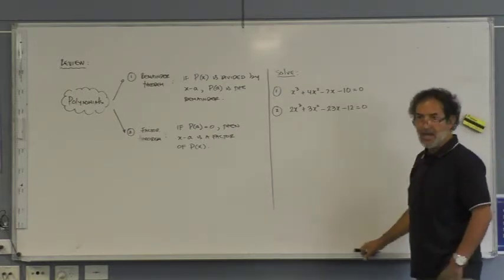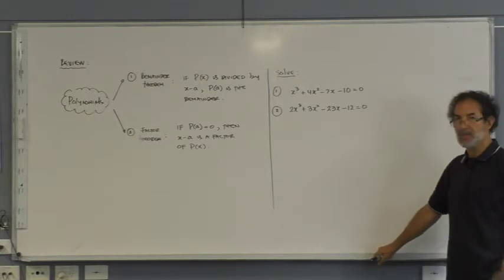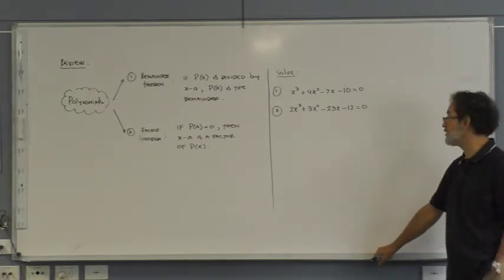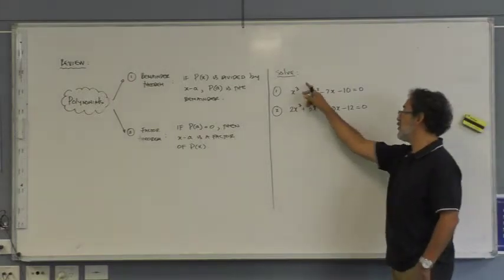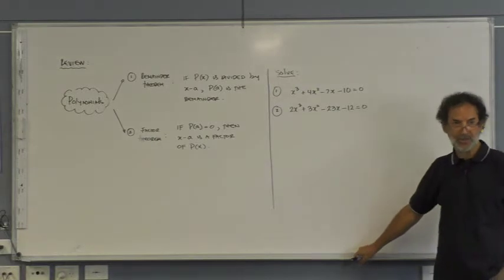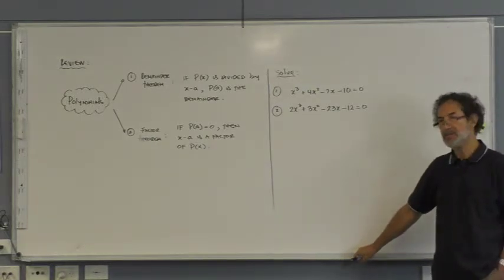The first one is a monic, and the second one is a non-monic. We need to find the value of x that will satisfy the equation. Because it's a cubic, we are expecting to have three real solutions. But unfortunately, not all the time all solutions are real.